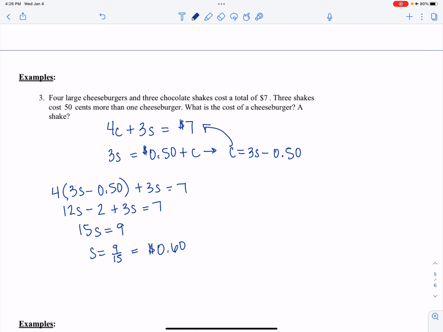Then we can use this and plug it into our C equation. 60 cents minus 50 cents. So this is $1.80 minus 50 cents.